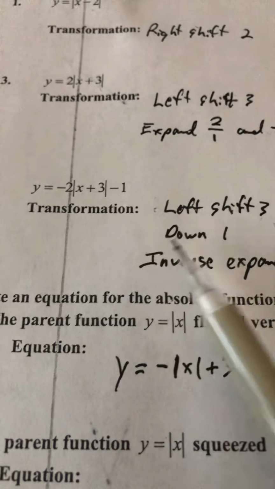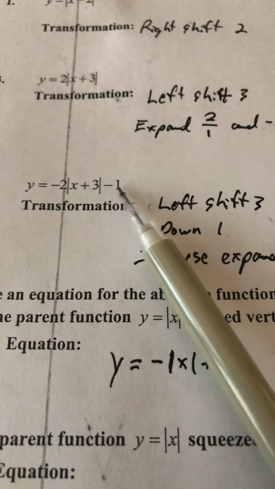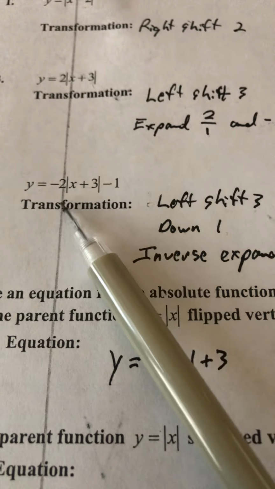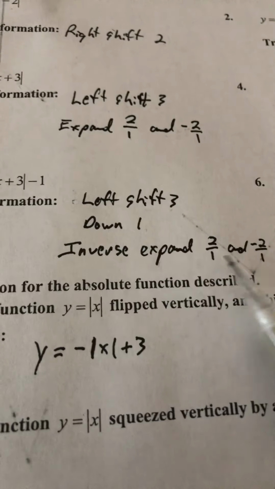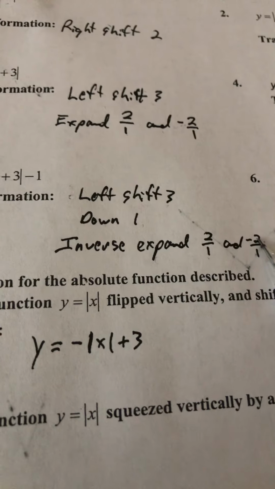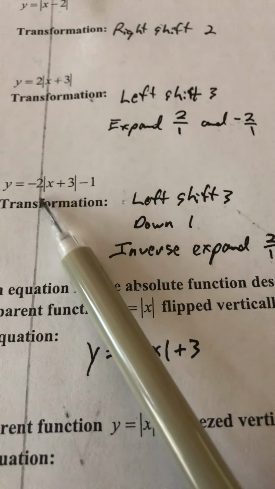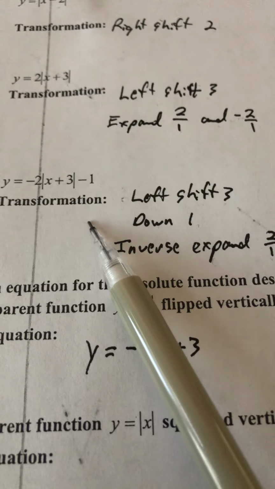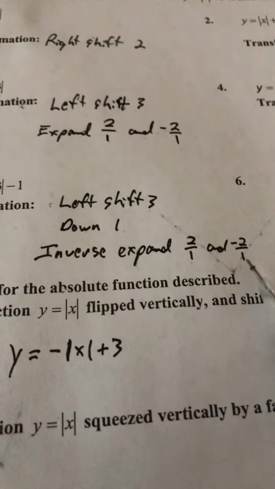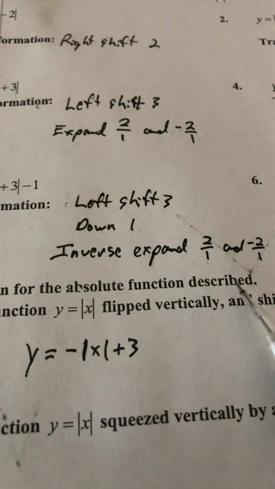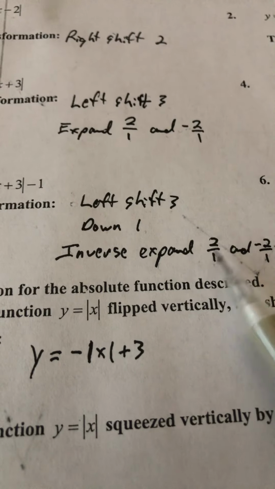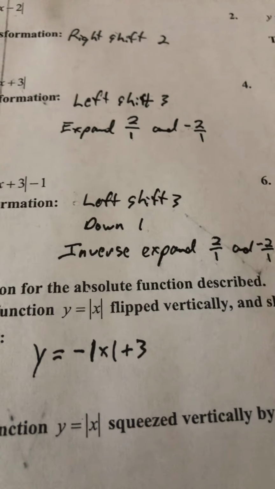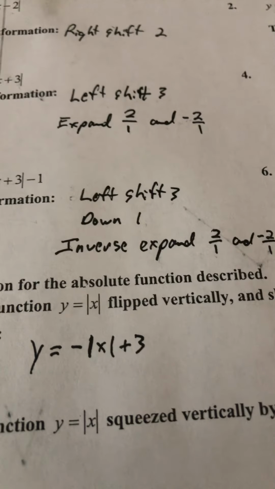Then you're going to go down 1 because of this on the outside. And then this is going to be an inverse expansion of 2 over 1 and -2 over 1. So it's going to be going down 2 over 1 to the right from the vertex, and to the left of the vertex. I should have flipped these. Yeah, well, no, I got it right. It's going to be going up 2 over 1.